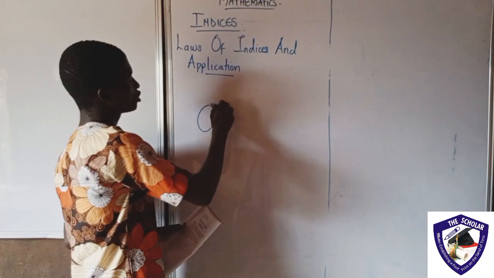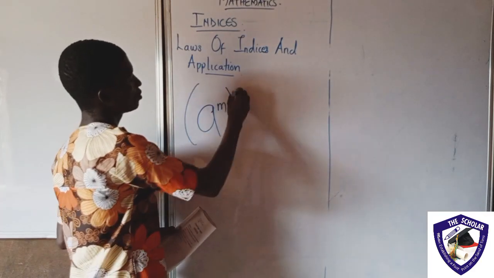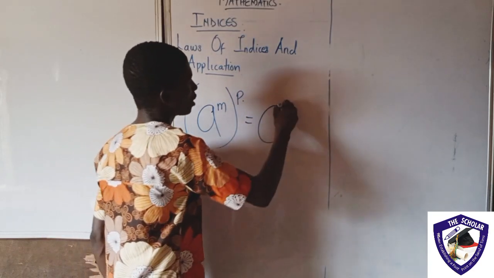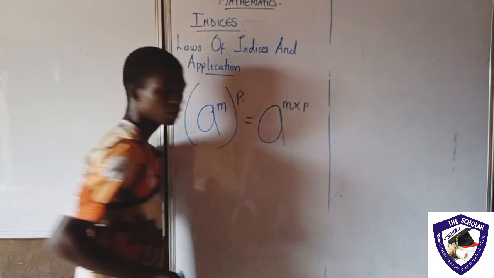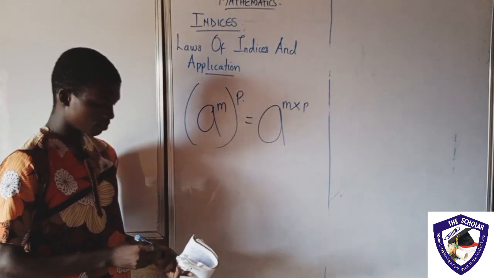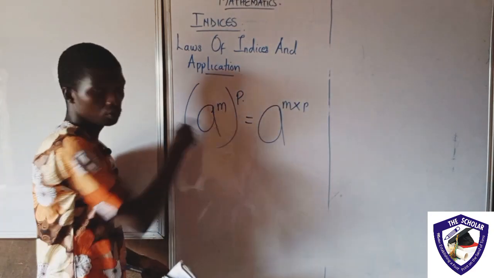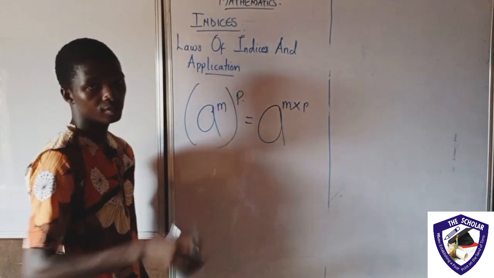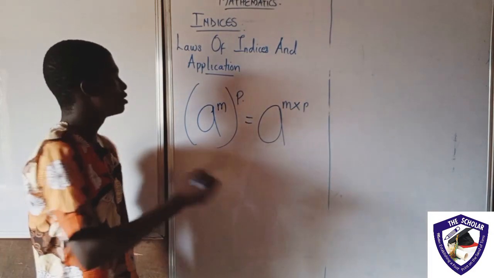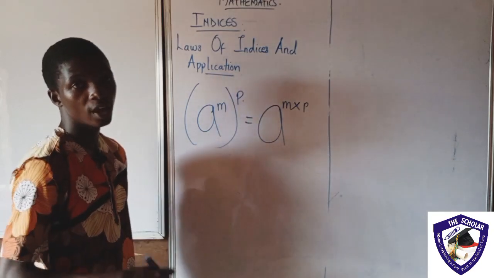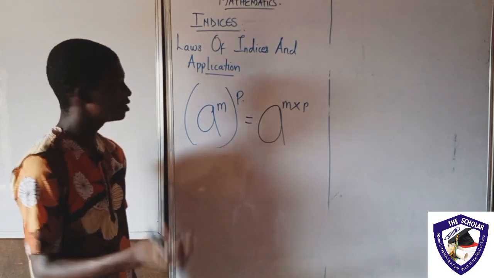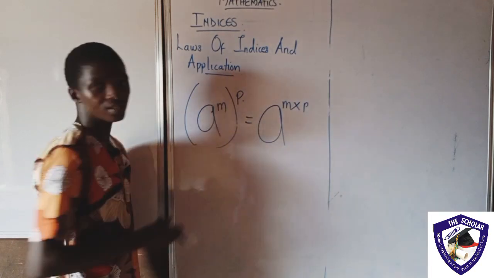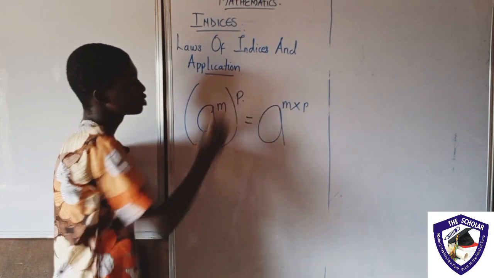Now, let us move on to the second law of indices. You have a raised to power m, then your big bracket, raised to power p, is going to give us a raised to power m times p. This is always applicable when you have a number raised to a power, it could be a root, square, cube root, raised to power 3 or 4, then you have it enclosed in a bracket, then raised to a power.